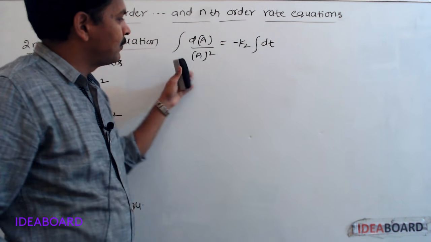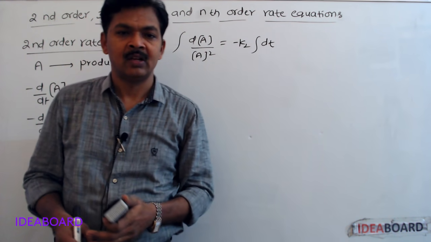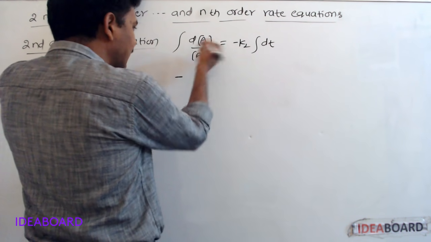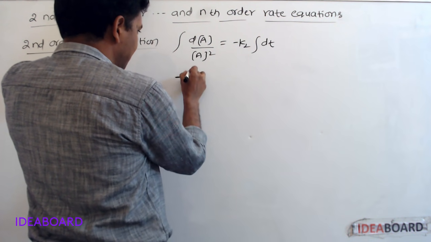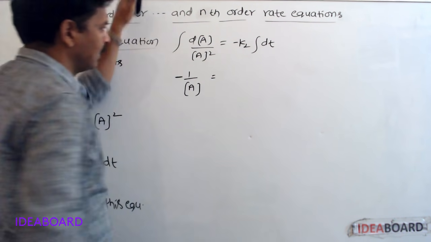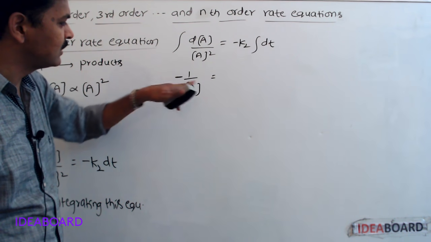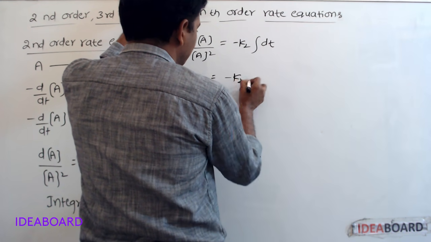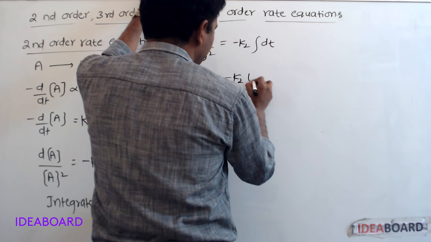The integral of 1 by x square formula is minus 1 by x. So here that x is the A concentration only. Minus 1 by [A] is equal to minus K2 times the integral of dt, which means t.